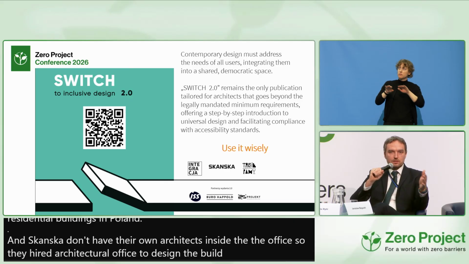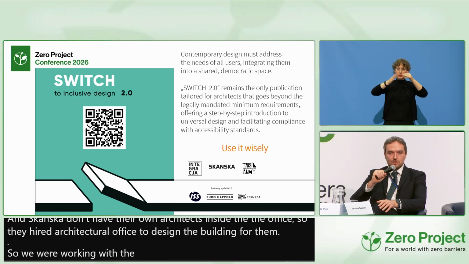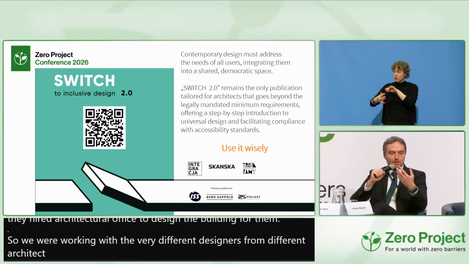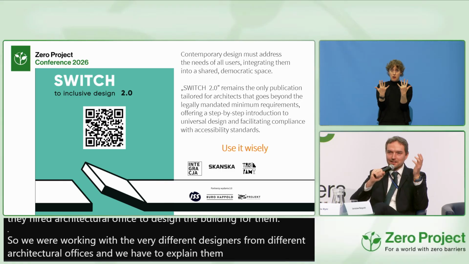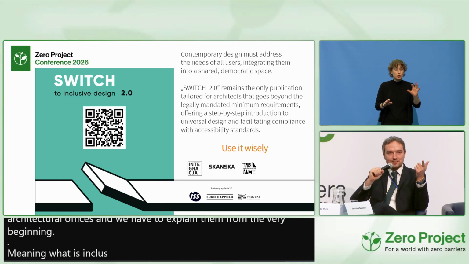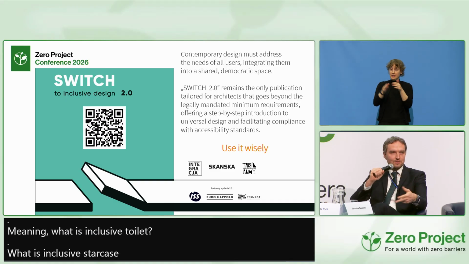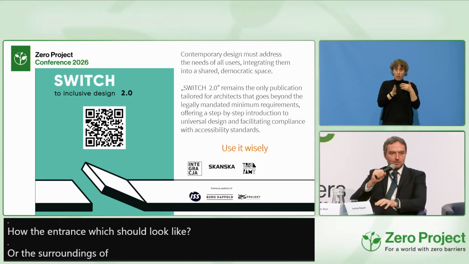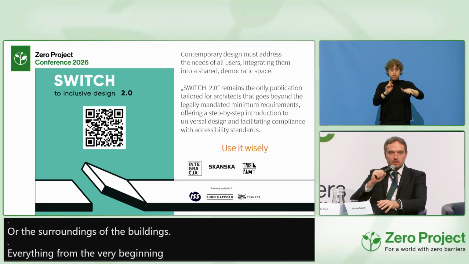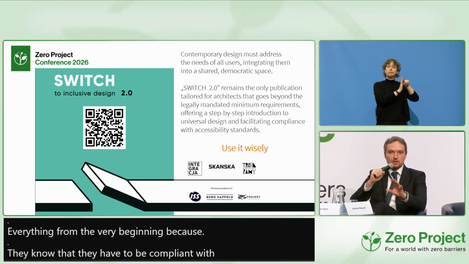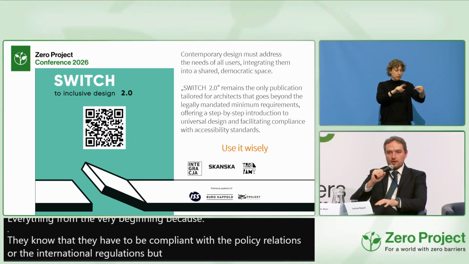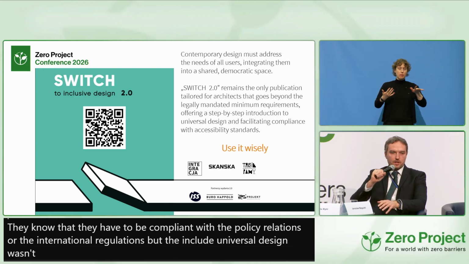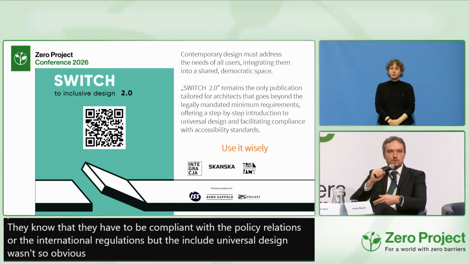So we were working with very different designers from different architectural offices, and we had to explain to them from the very beginning what an inclusive toilet is, what an inclusive staircase is, how the entrance should look, the surroundings of the buildings, everything from the very beginning, because they know that they have to be compliant with the Polish regulations or the international regulations, but universal design wasn't so obvious for them. So the Switch was our solution at the very beginning.